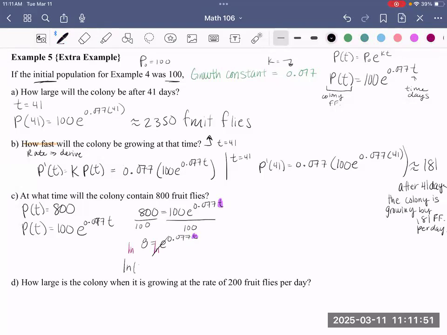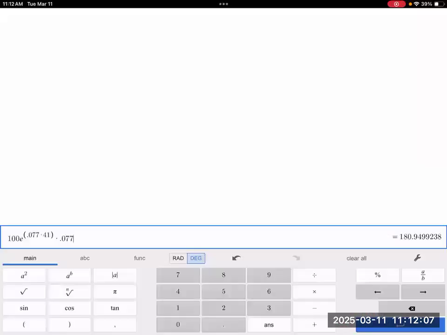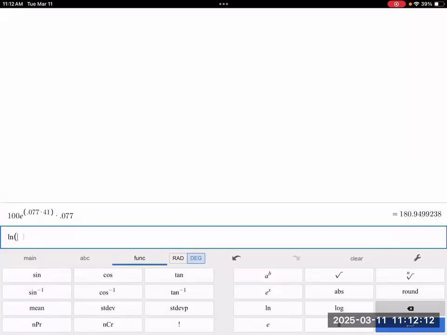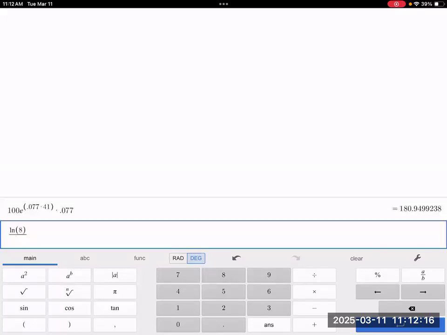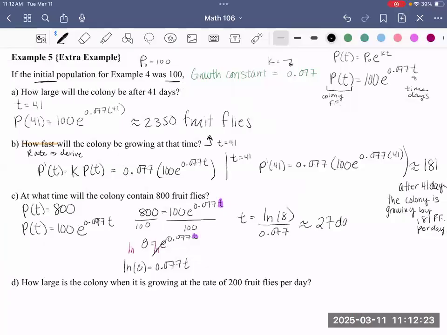So we have ln of 8 is equal to 0.077t. So t is exactly equal to ln of 8 over 0.077, which is approximately 27 days.